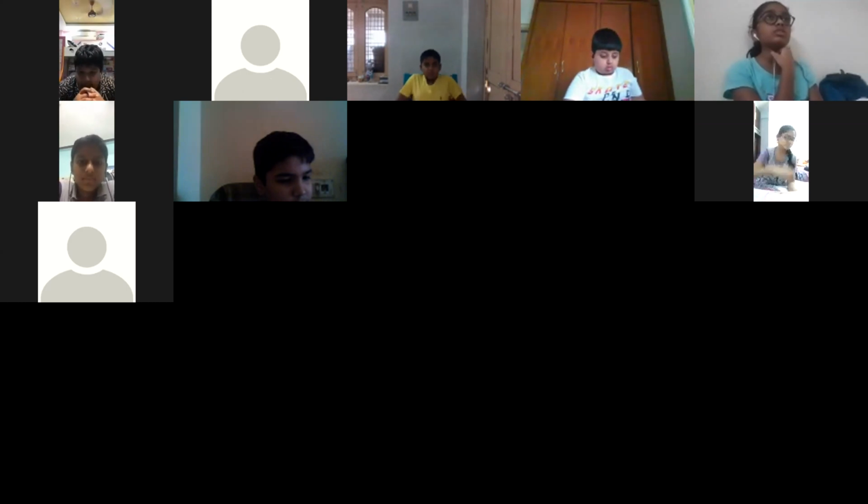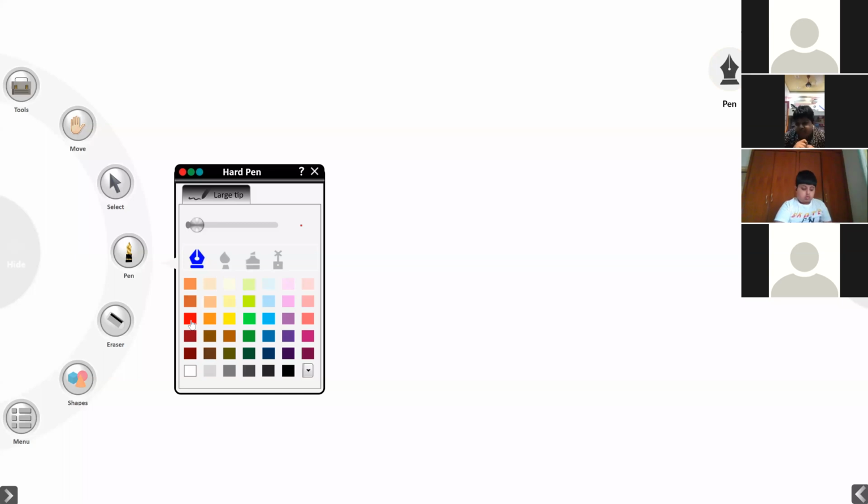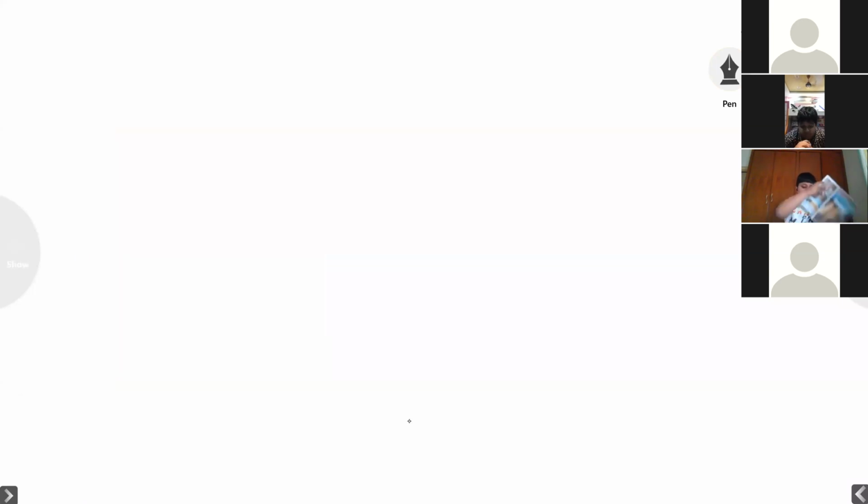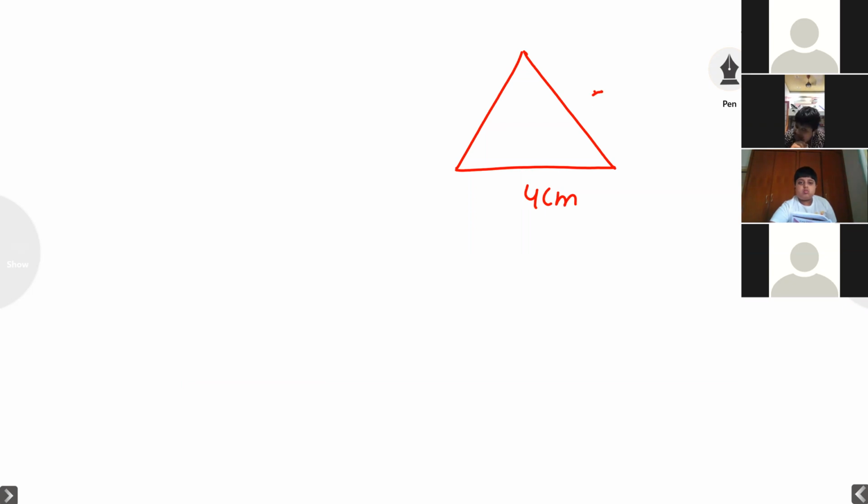In the previous class, I explained about the scalene triangle. In a given triangle, if all the three sides are different, that is called a scalene triangle. Suppose I have drawn this figure with 4 centimeter, 5 centimeter, and 3 centimeter. What is the name of this triangle?